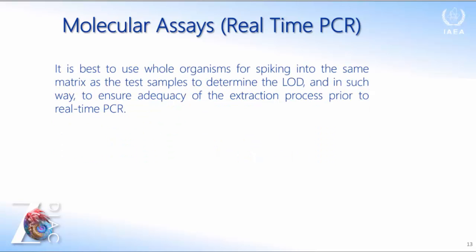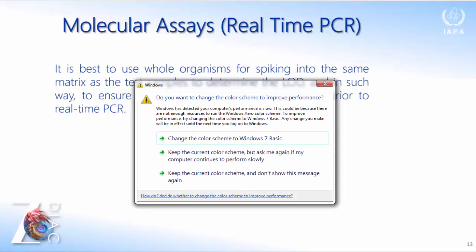So the best way would be to use a whole organism for spiking into the same matrix as the test samples, and by this to determine the limit of detection of the assay, and in such a way to ensure the adequacy of the extraction process prior to commencing the real-time PCR.